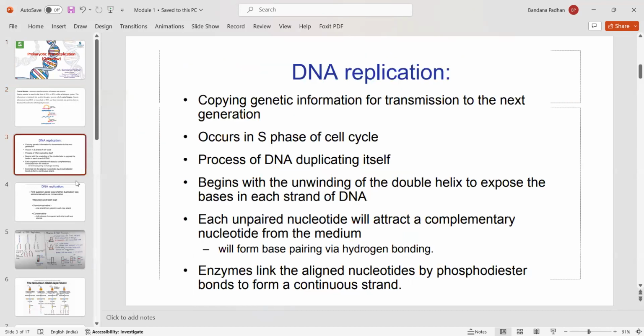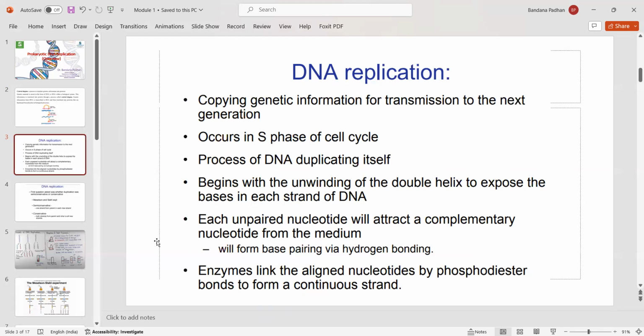As we know, DNA replication, which is a part of the central dogma, is nothing but copying the genetic information for transmission to the next generation. In eukaryotes, it occurs in the S phase of the cell cycle, and we can say it is a DNA duplicating process also.